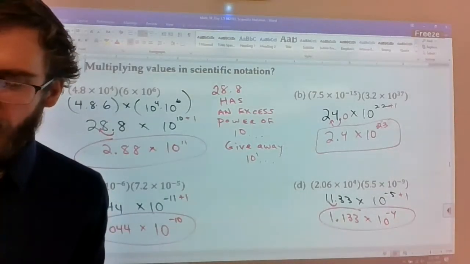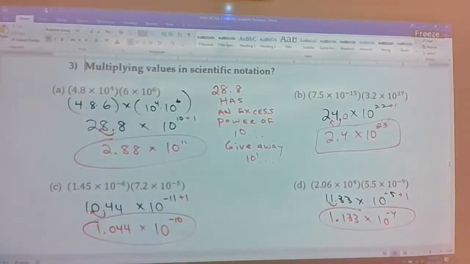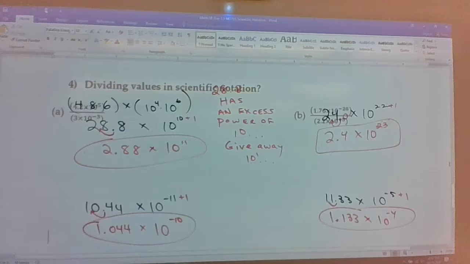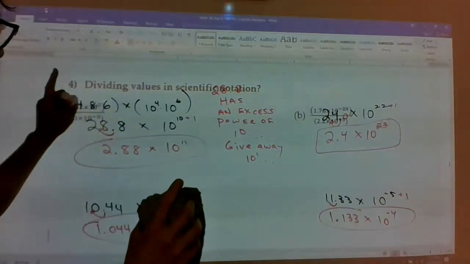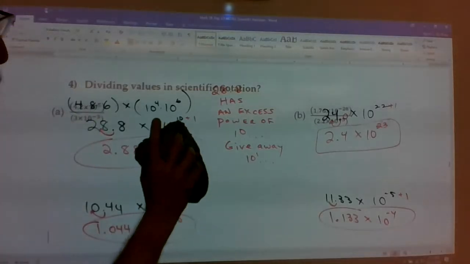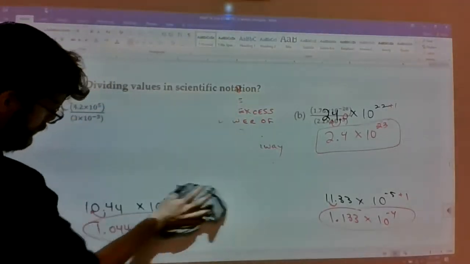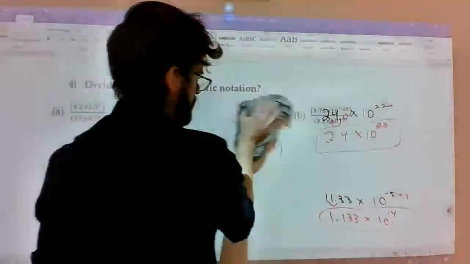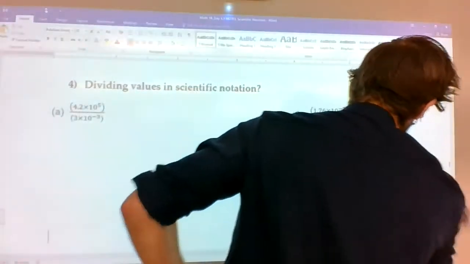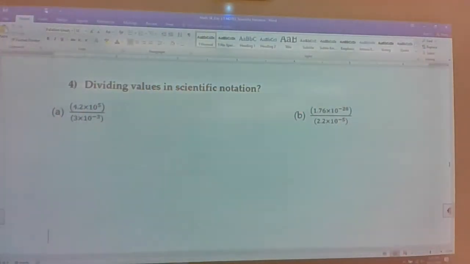Now again, I could do a Khan Academy video where we do an example where it's dividing, but I think I'm just going to bypass that and say the only difference between division and multiplication is that you're now using the exponent properties for division, and your coefficients are literally dividing themselves.